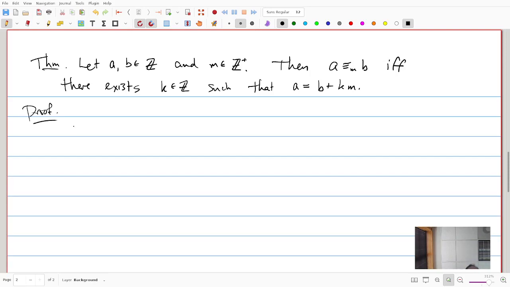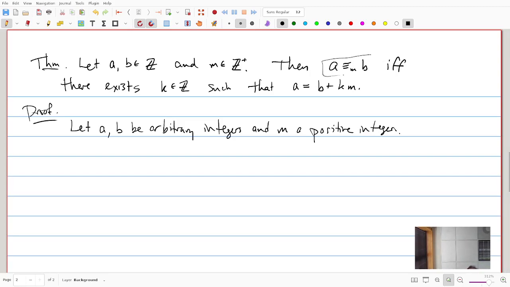So first, of course, I'm just going to say, let A and B be arbitrary integers, and M a positive integer. And then I'm trying to prove that A is equivalent modulo M to B if and only if something.